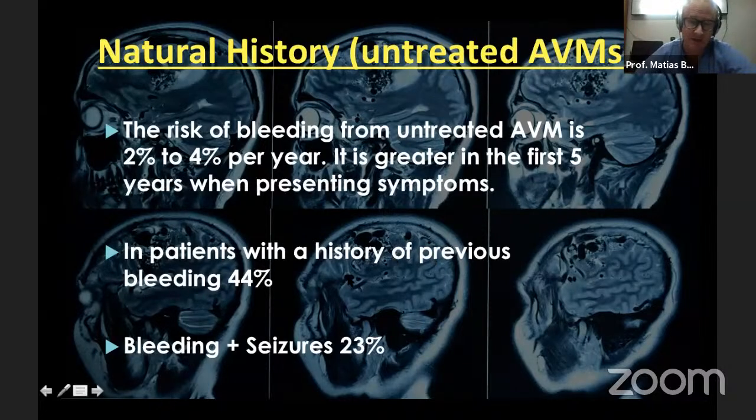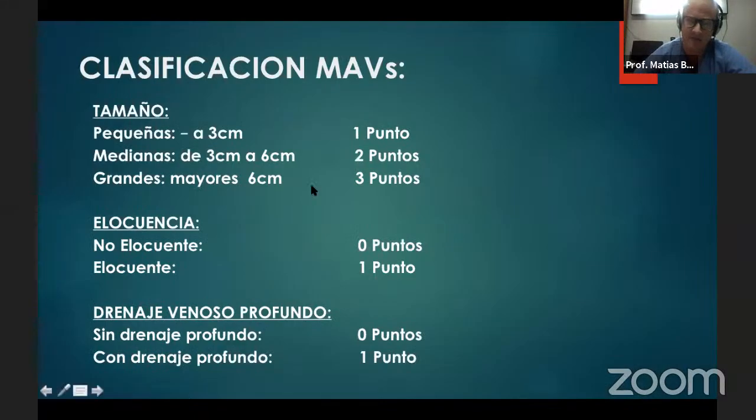And of course, if the patient had a history of bleeding plus seizures, the risk of rebleeding is 23% per year. In the classification of the AVM, we use the classic classification.